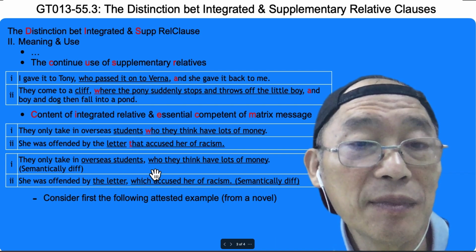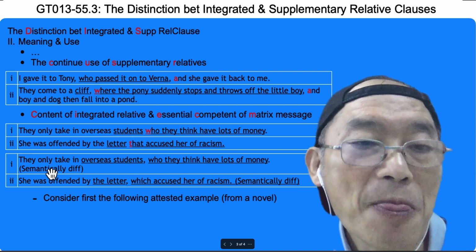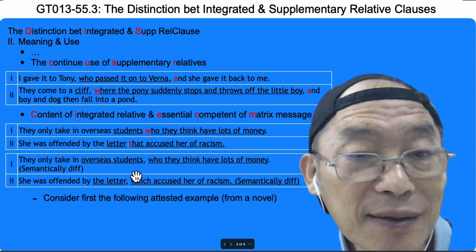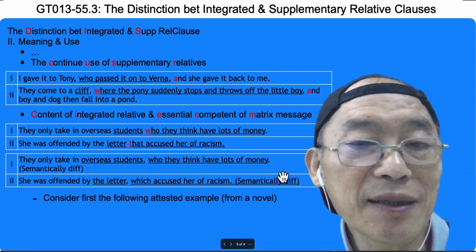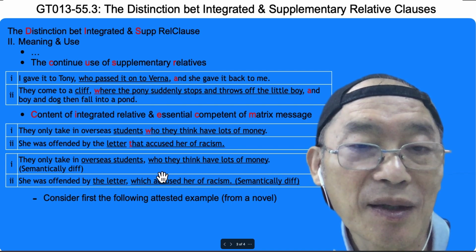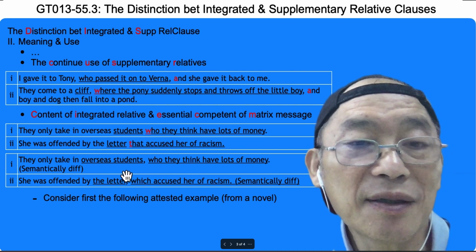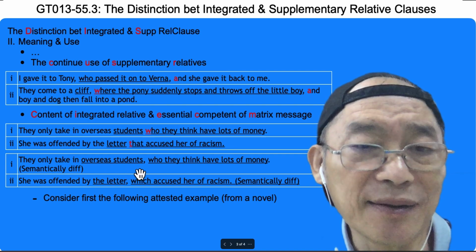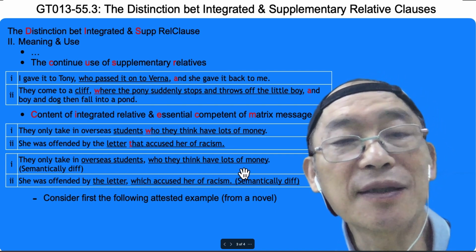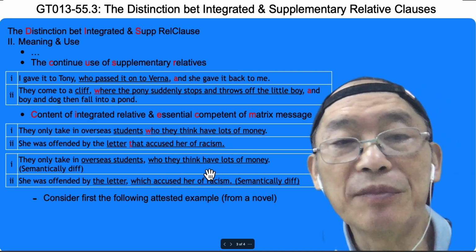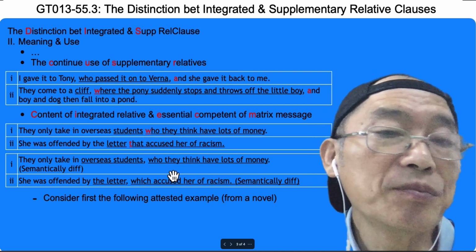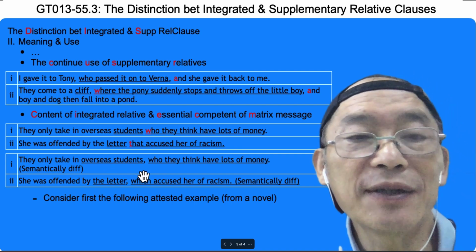And how about supplementary usage? They only took in overseas students, who they think have lots of money. So this is the phrase, overseas students, and this is just adding additional, supplementary information for this noun phrase.